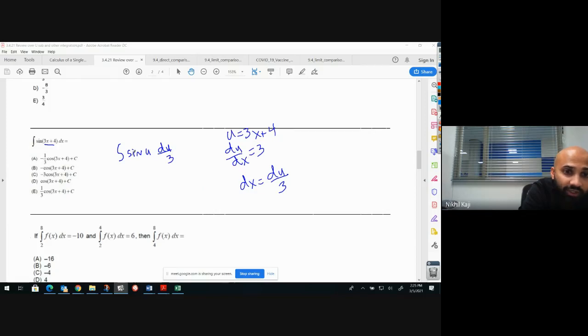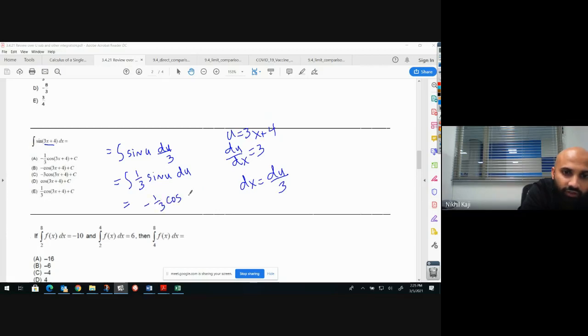So now this is basic because it's just sine of some variable. It's not sine of more than a variable. This is just sine of u. So let's bring that 1/3 up into the front because we're still dividing by 3. It didn't cancel out. And now take the antiderivative of sine, which is negative cosine. That 1/3 just stays the same.